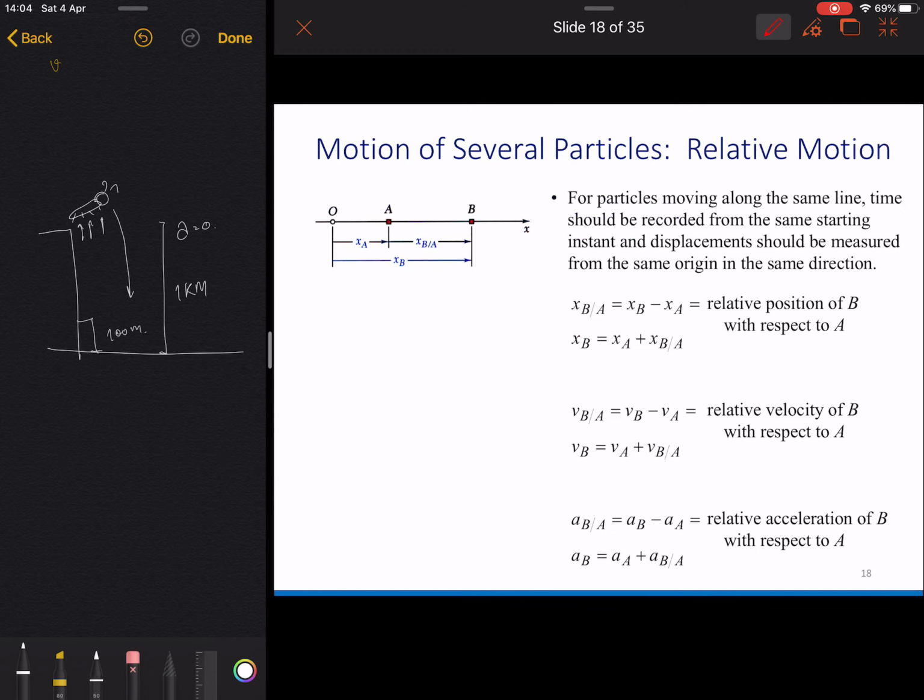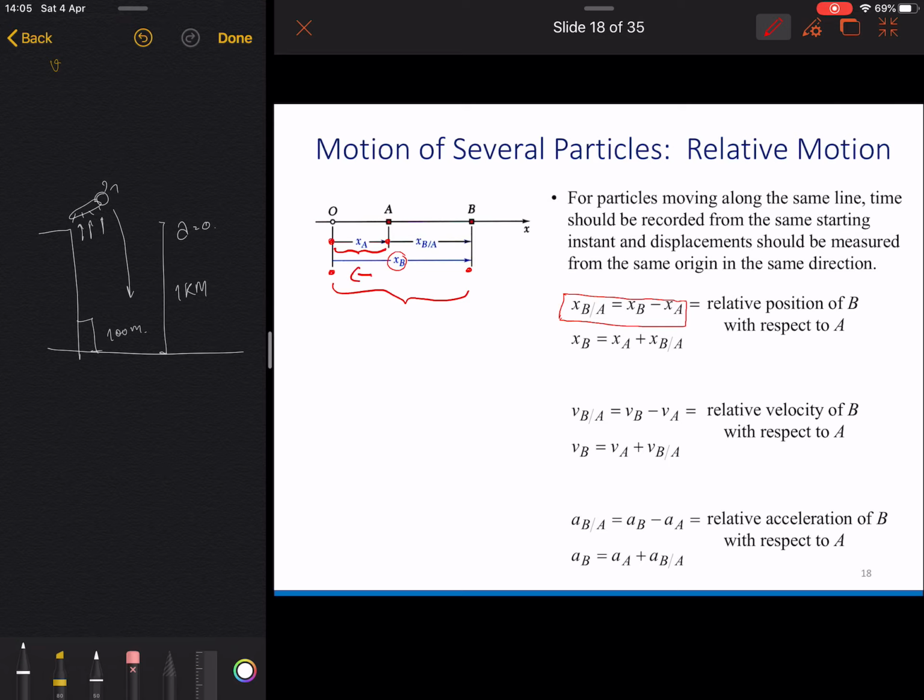So for relative motions, xb is the distance between here and here, and xa is the distance between here and here. If I say distance b with respect to a, it means you take distance b here and subtract this one.